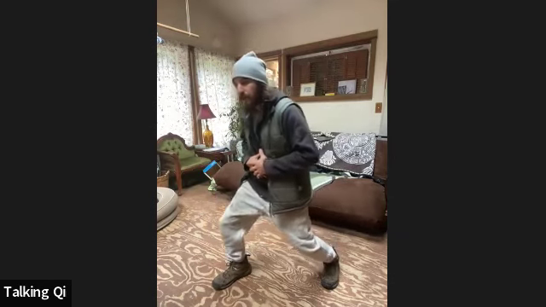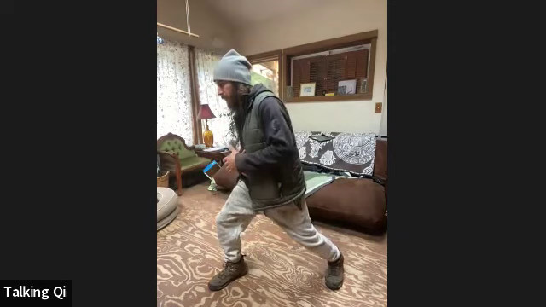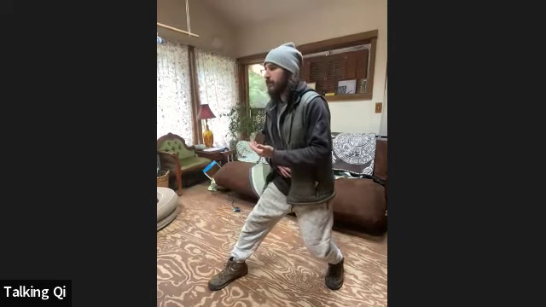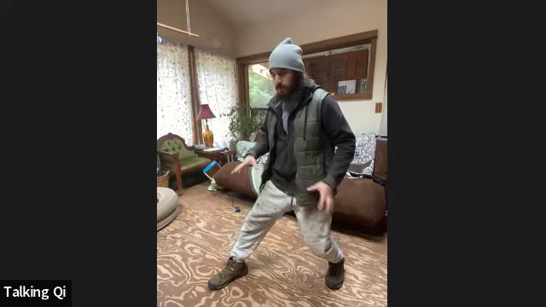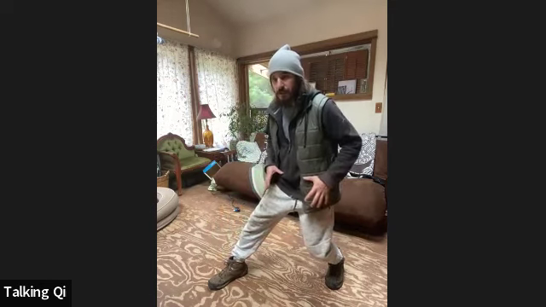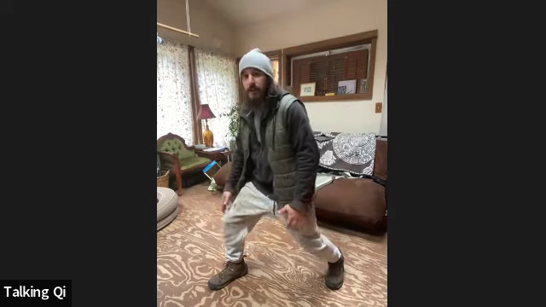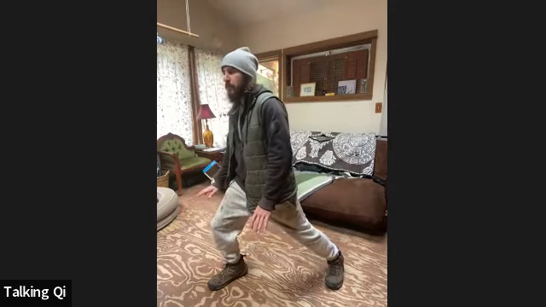So I'm trying to exaggerate the movement, but get a sense of the subtlety of yin direction and how it changes the sensations in the hips, in the knees, and in the feet.